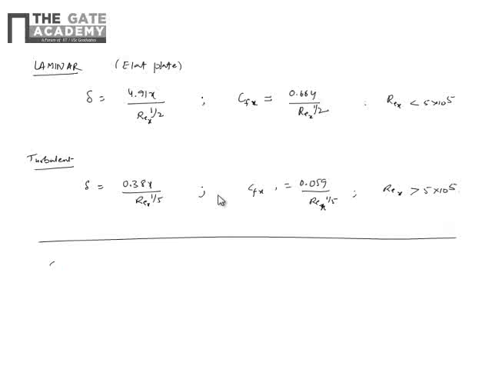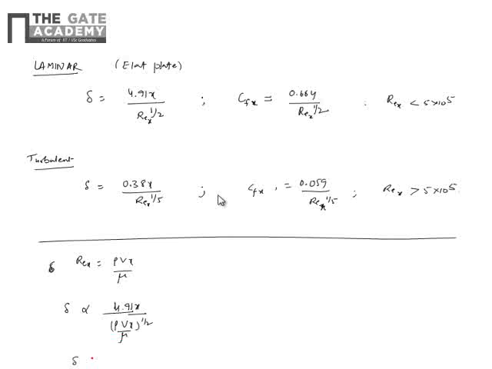Okay. So one point is, Re_x can be written as rho V x by mu, so you can see that delta is 4.91 x divided by rho V x to the half by mu to the half.